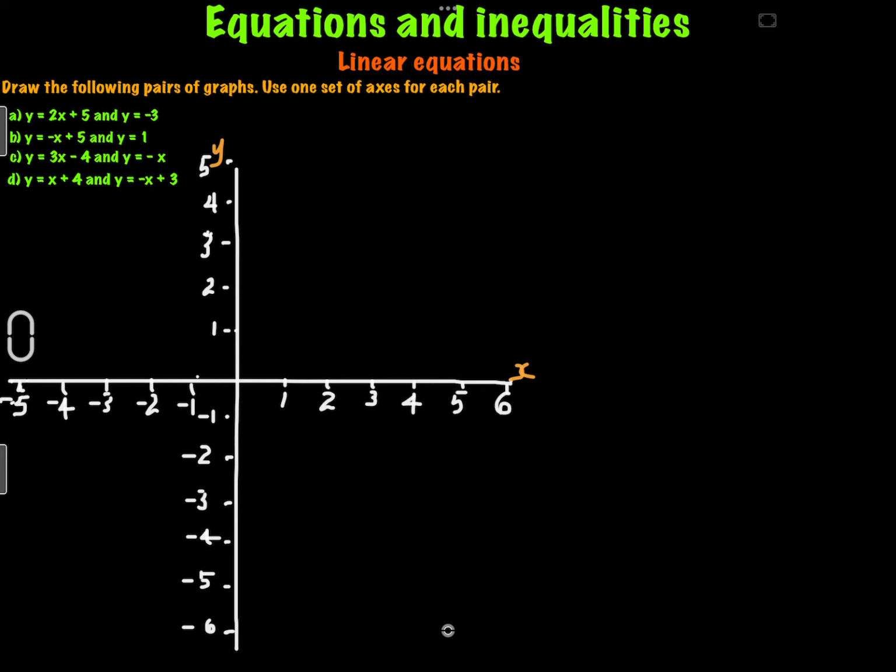For B, we are given y equals negative x plus 5, and y equals simply 1, positive.